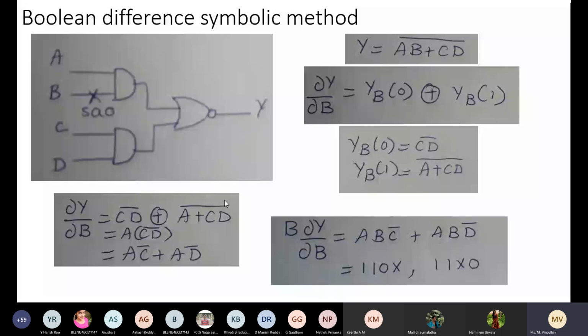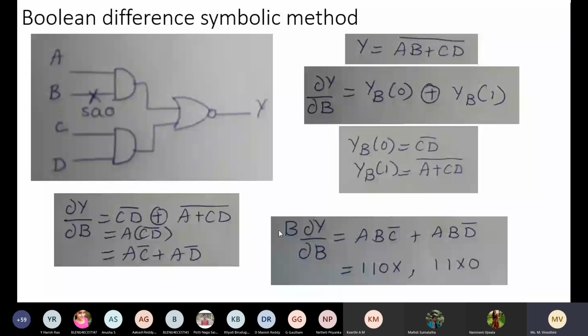If the given fault is stuck at 1 at B, then I need to multiply with B bar. Then it will be A, B bar, C bar plus A, B bar, D bar. Now coming to the stuck at 0 fault, it is B. So I multiply, and I got this.